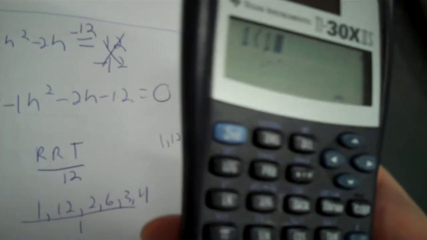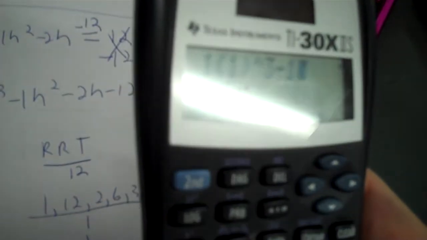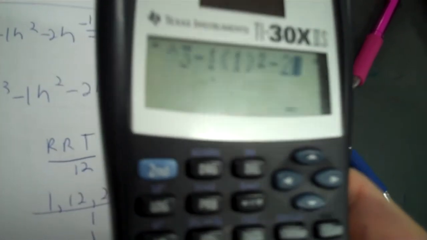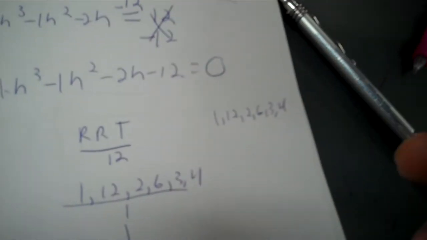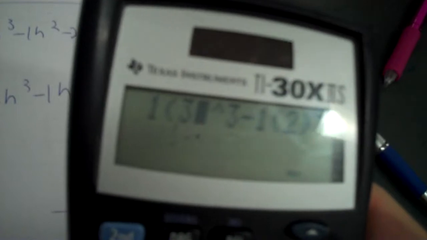So I'll substitute those in for h. No, go to 2. Nope, go to 3. 3 is a possibility.